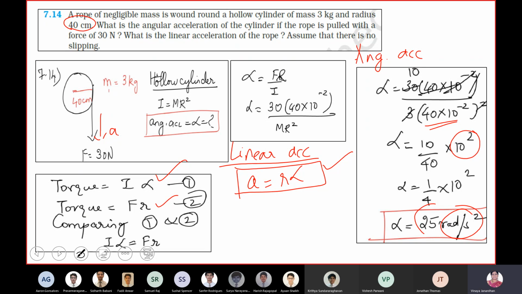As the cylinder is rotating, it has both angular and linear acceleration. So what is the value of a?